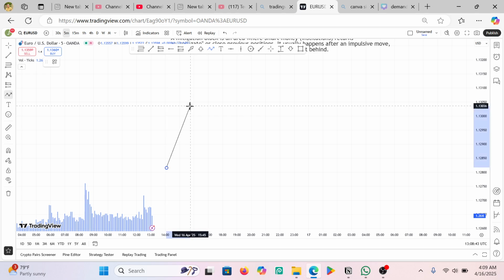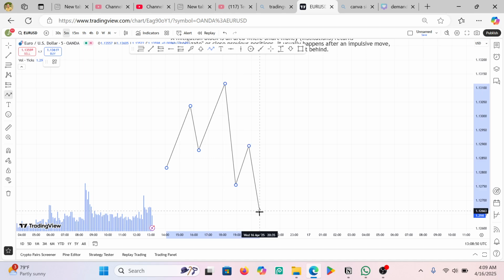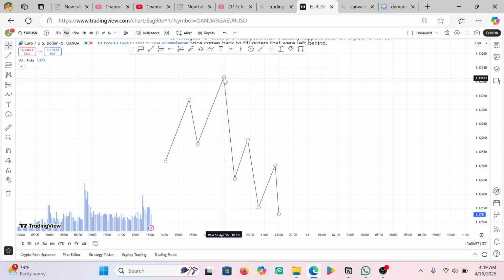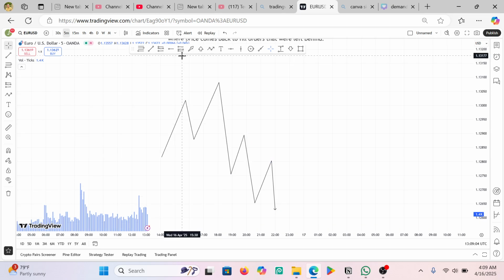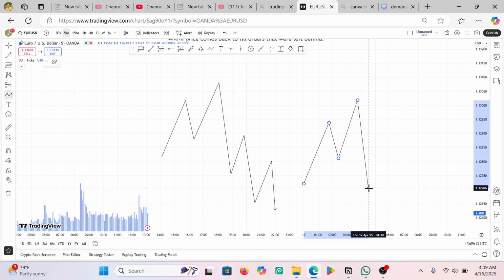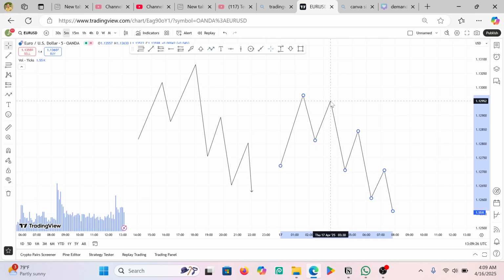We shall start with the breaker block. I know what I did, but I'm supposed to do this like this, and this is a mitigation block.